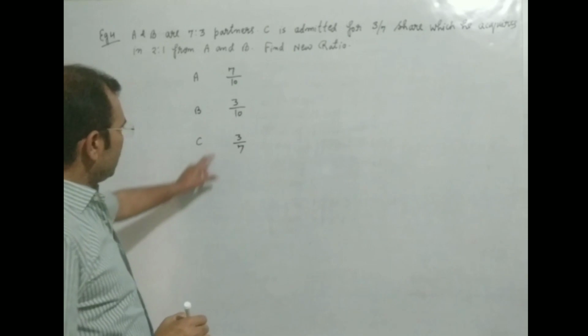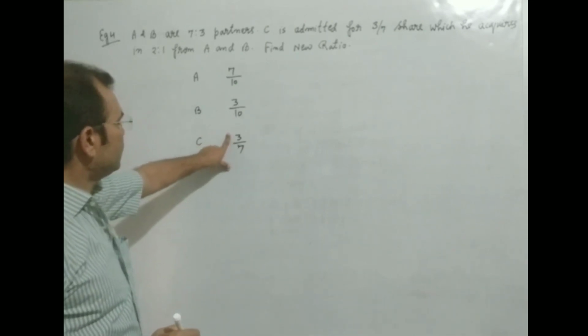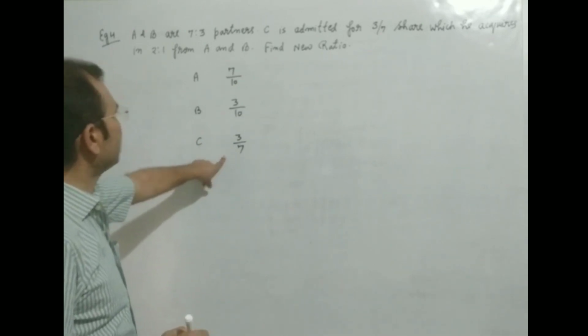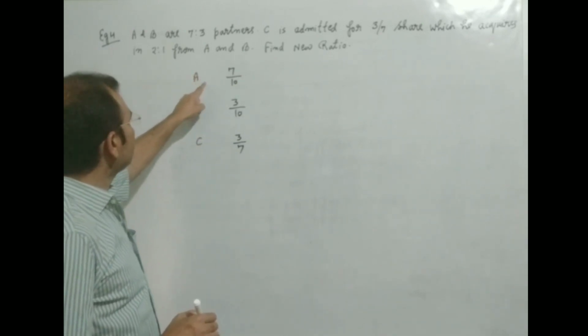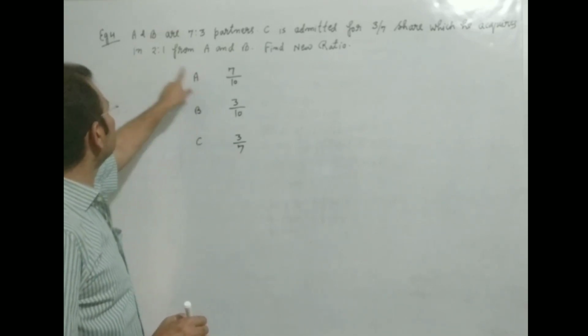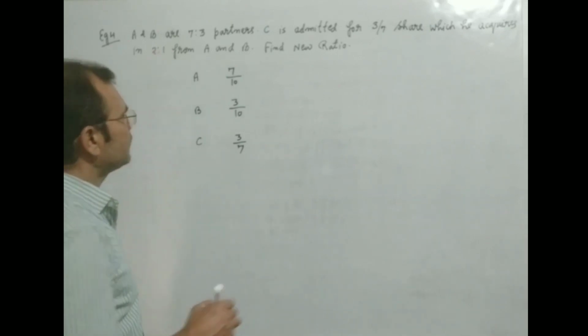Now how will this part be completed? The 3/7 part of C will be completed by sacrificing the part of A and B. A and B will sacrifice in 2:1. Let's see.